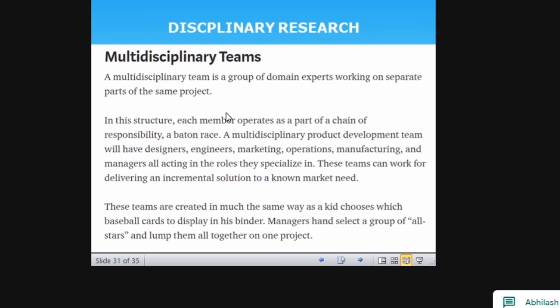See what the professor does, the actor is called the professor, is he forms a team. Okay, he is planning to steal money from a royal mint, the Royal Mint of Spain. What he does is he forms a team of 10 members with certain expertise.